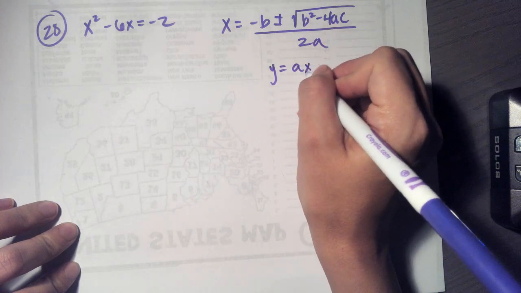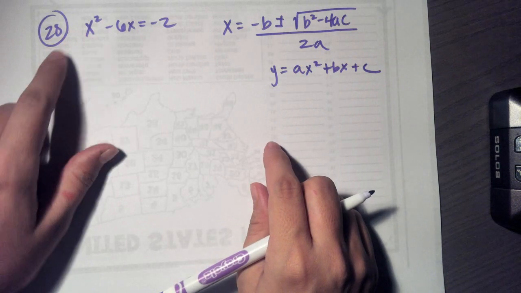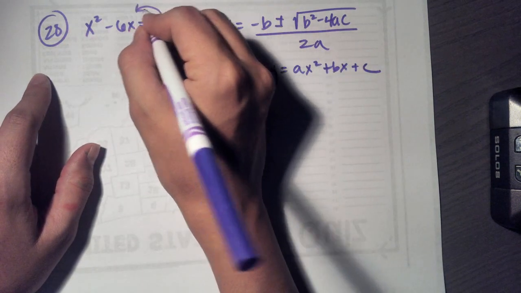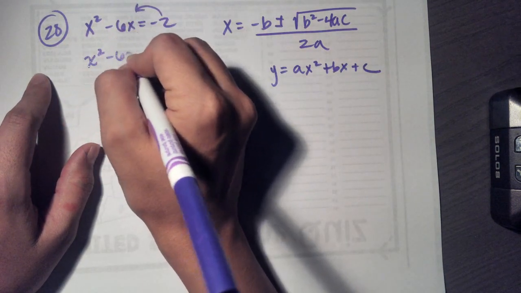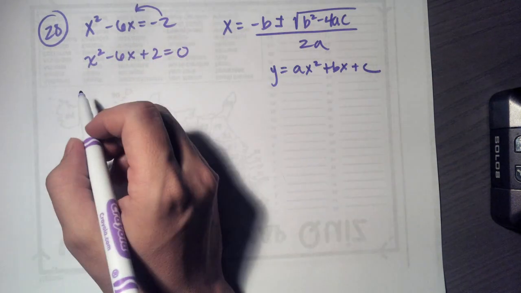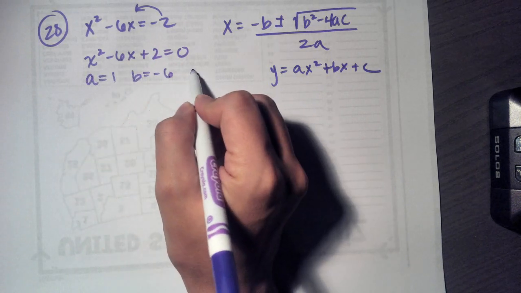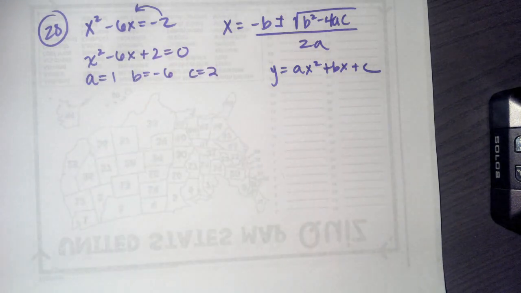So I need to make this look like standard form. I'm going to move this 2 over, so I get x squared minus 6x plus 2 equals 0. So my a is 1, my b is negative 6, and my c is 2.